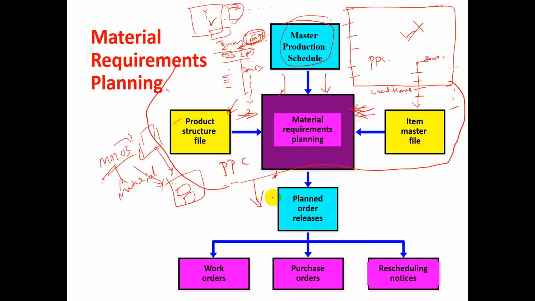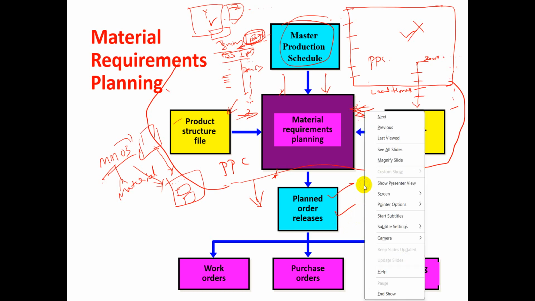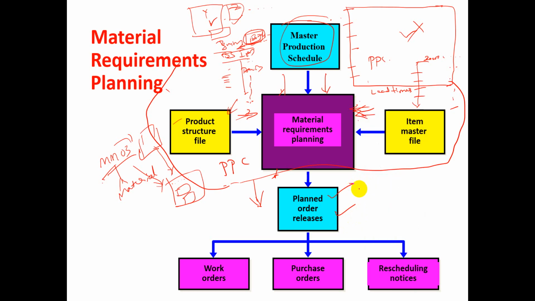They receive one document, that is planned order copies, which we also call planned order releases. It may be in different kinds of documents. It is there in these three.